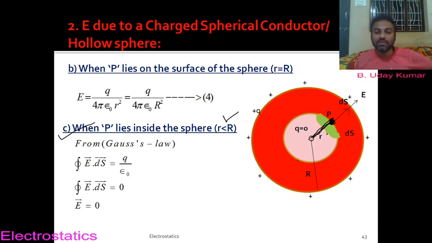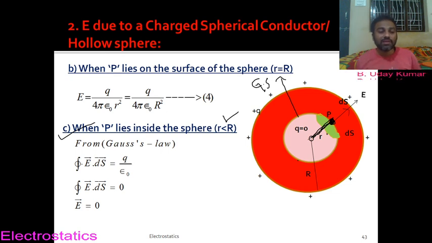This is the Gaussian sphere, and in this case the Gaussian sphere will be inside the real sphere. The real sphere is the charged spherical conductor, the system we have, and the Gaussian sphere is the imaginary sphere that you construct. So the Gaussian sphere will be present inside the sphere. That is the only thing you need to understand.